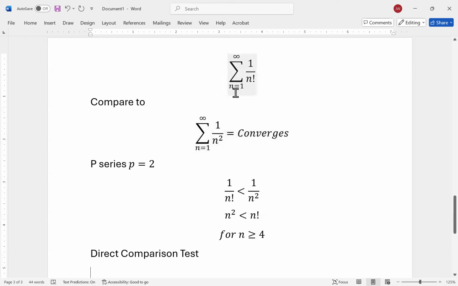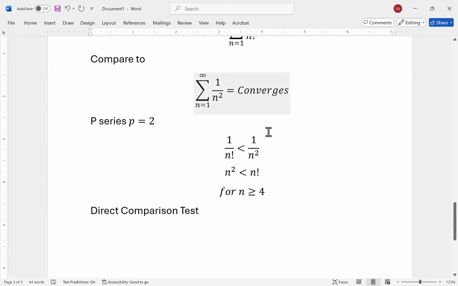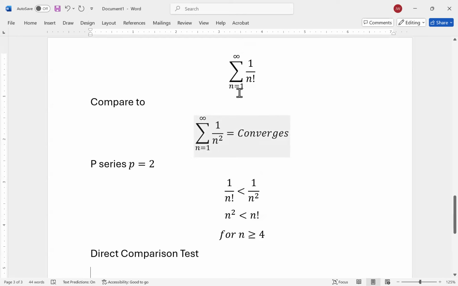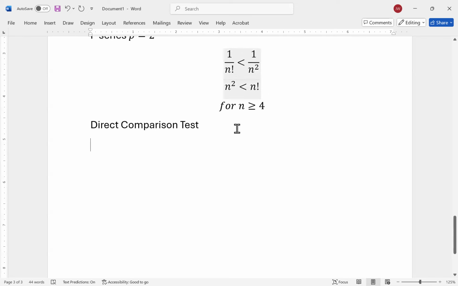Therefore, the sum of the smaller terms also converges. So by the direct comparison test, since the sum of the bigger numbers converges, the sum of the smaller numbers also has to converge. So this infinite series, 1 over n factorial, I know is going to converge.